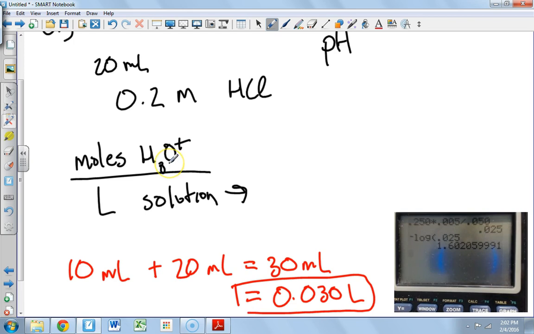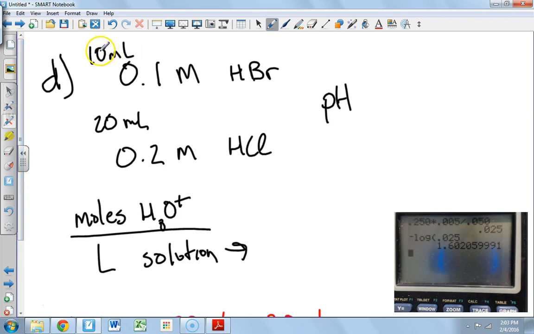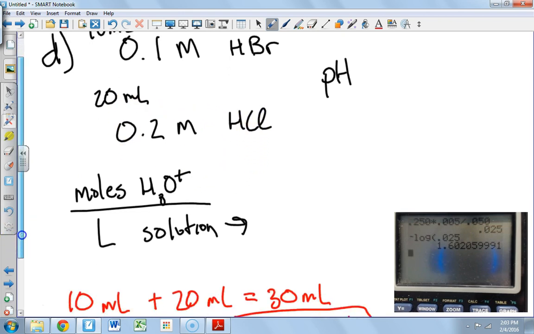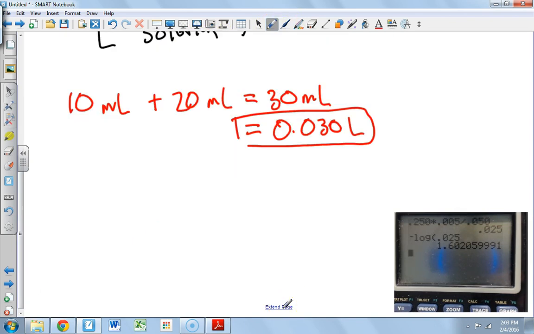Okay, but how do we figure out how many moles of H3O plus there are? Well, can't we figure out how many moles of H there are because of the HBr? And can't we figure out how many moles of H there are because of the HCl? And add those together? Of course we can. So let's do that, because that's what we have to do for this problem. Let's do HBr first.